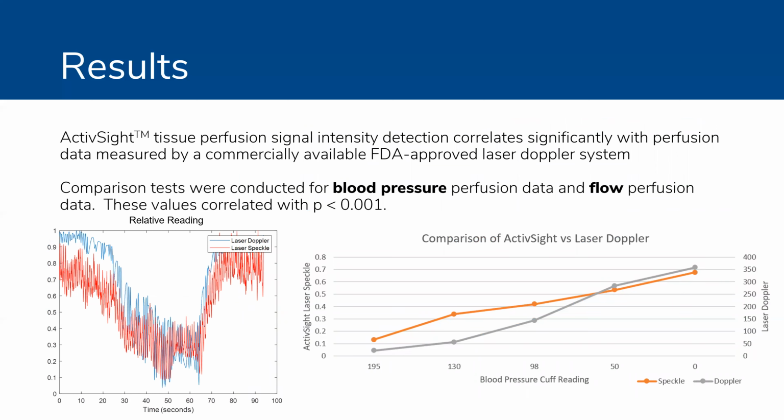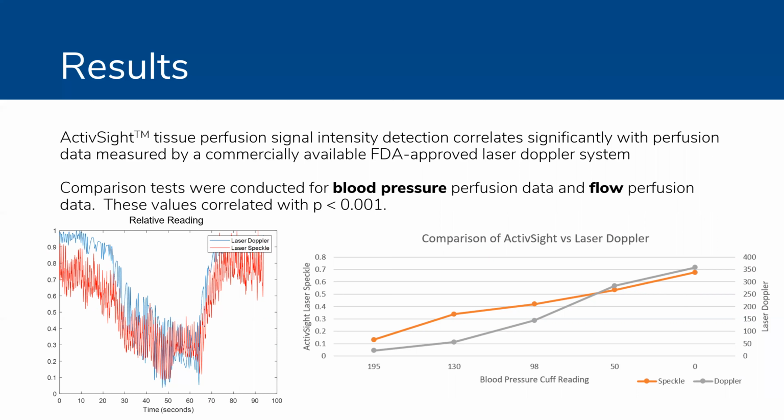ActivSight tissue perfusion signals correlate significantly with perfusion data measured by laser Doppler systems. On the left, we see a graph comparing ActivSight laser speckle to laser Doppler signals in a subject's fingers over time as a blood pressure cuff is first inflated and then deflated at t = 60. On the right, we see a graph showing the correlation of speckle and Doppler signals versus the pressure reading on the cuff.